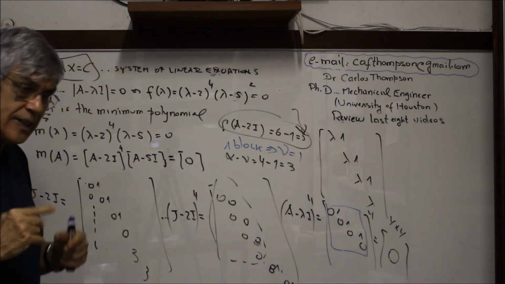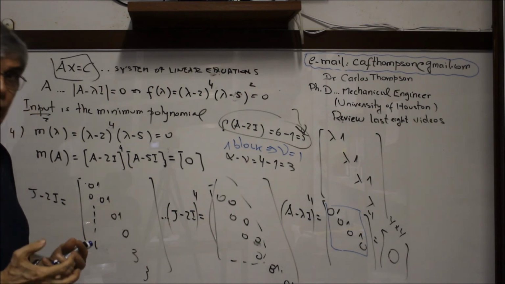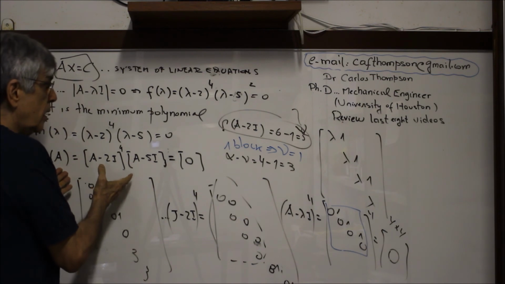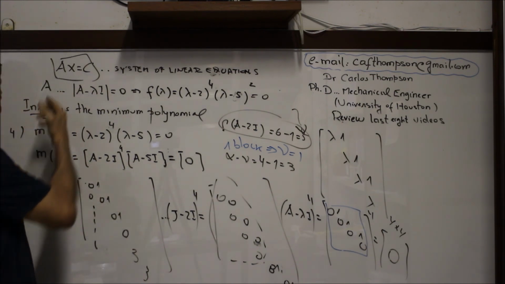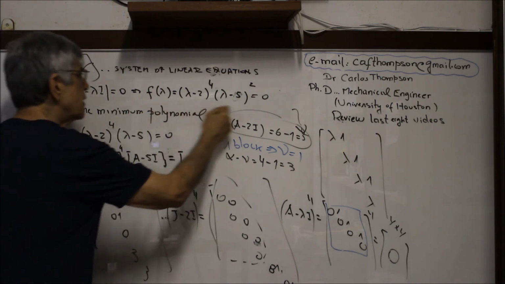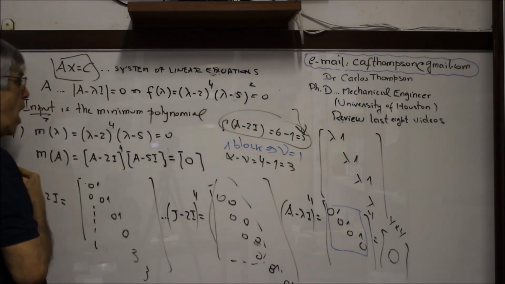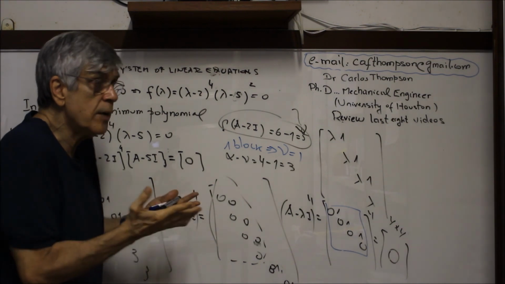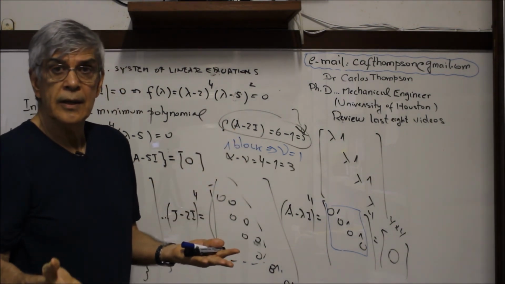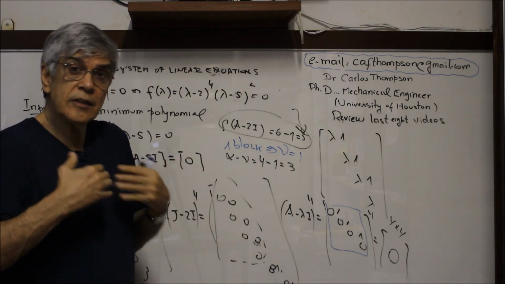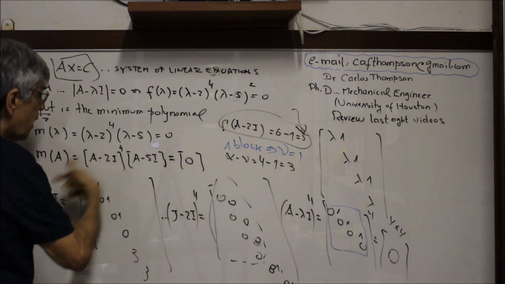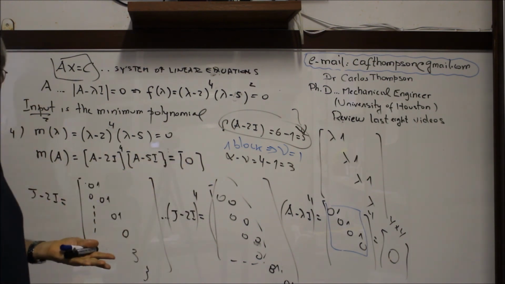But what I said is this: we don't need to know the minimum polynomial. Look, if I have my matrix A, and if I have the characteristic polynomial, I can count the number of pivots of A minus 2I. In my viewpoint, this is much easier than to try to make tests and find out what is the minimum polynomial.